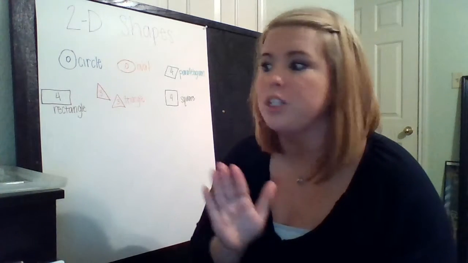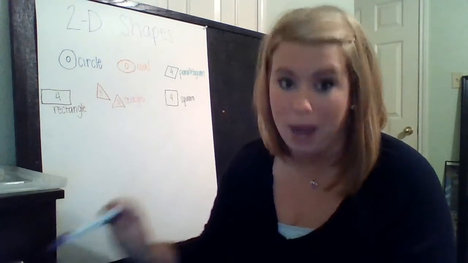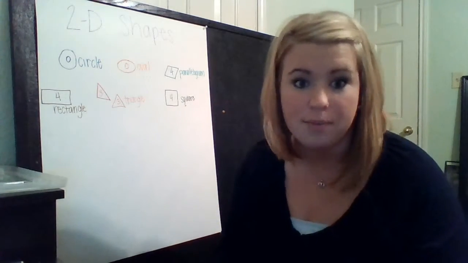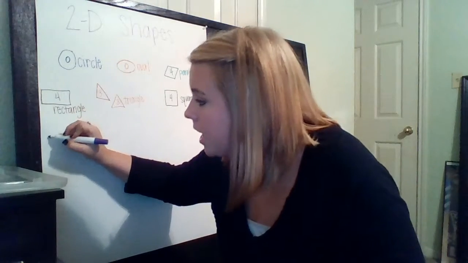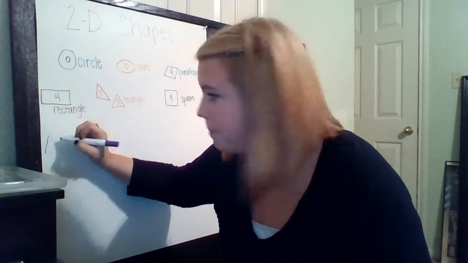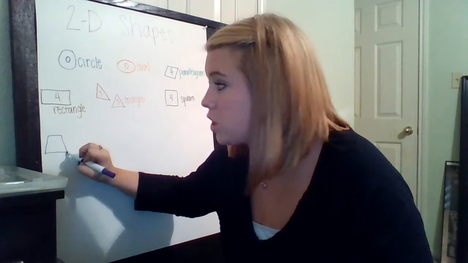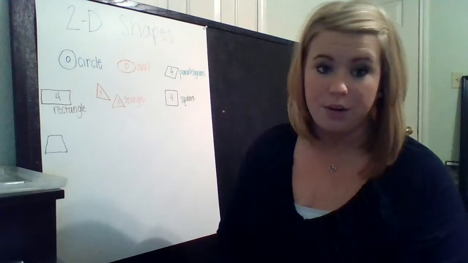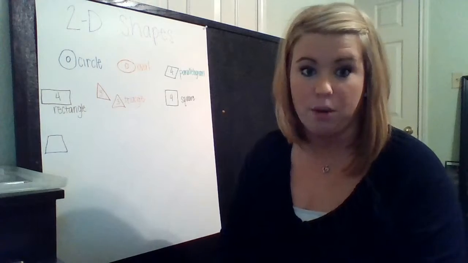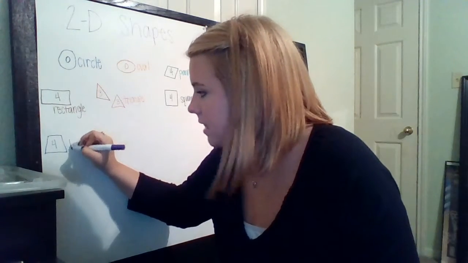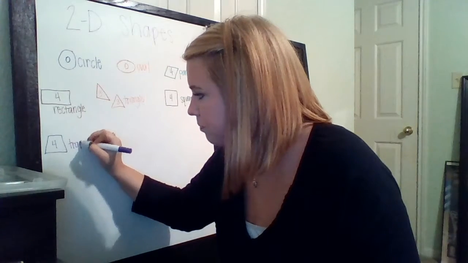So now we're going to move and create a trapezoid. Okay, this might be semi-fresh to some of you, but it is a 4-sided shape, but it looks different than a square, it looks different than your 4-sided rectangle, and it looks different than your parallelogram. But it still has 4 sides. And that is labeled a trapezoid.